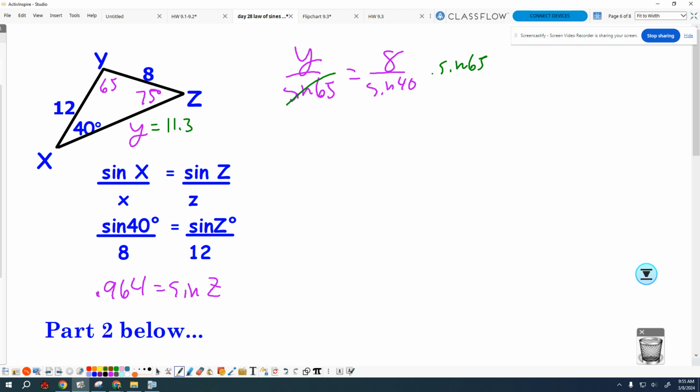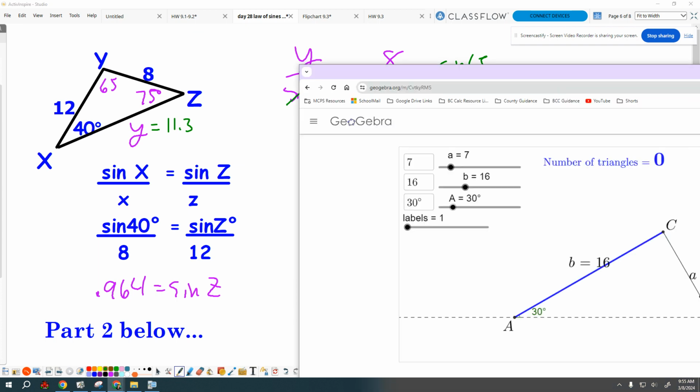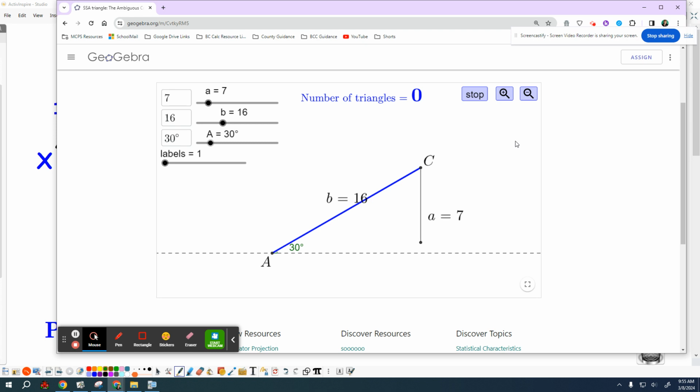I need to show you this thing that is the ambiguous case. So I gave you an angle and two sides. Why is the side swinging? Because its T-Rex arms can't reach the other side.